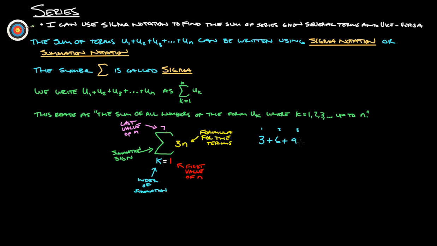The next number is 9. We keep multiplying by 3. And then 12, 15, so that's the fourth, fifth. And then 18, sixth. And then 21 is going to be the last one. So this all here is saying, what does this all equal?